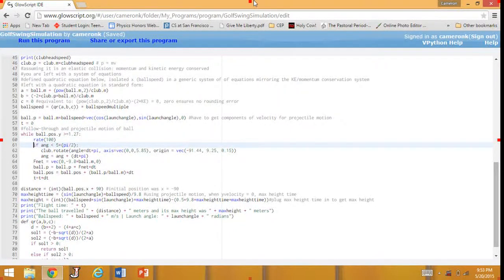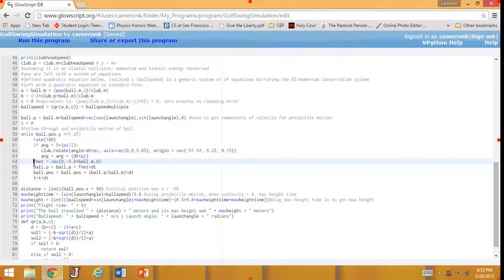The follow through is just more angular rotation until it is back at the top of the backswing, same position, but this time as a follow through, which is going to get you to pi over 2, and 5 pi over 2 is the same thing, just 2 pi or more. So the same rotation as before.